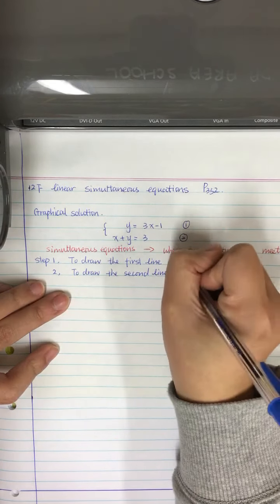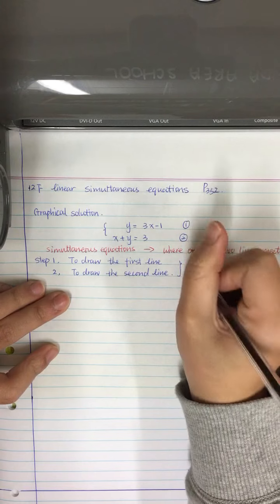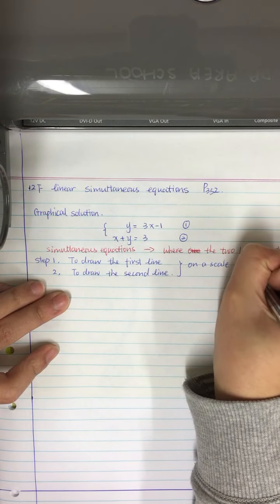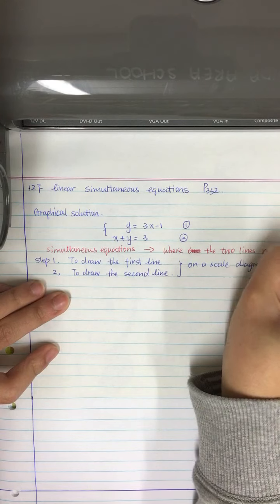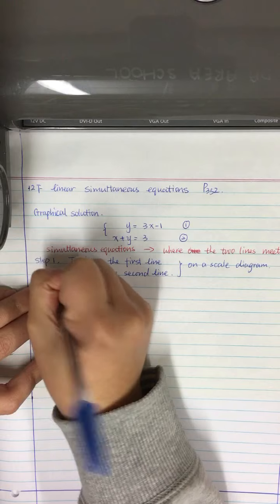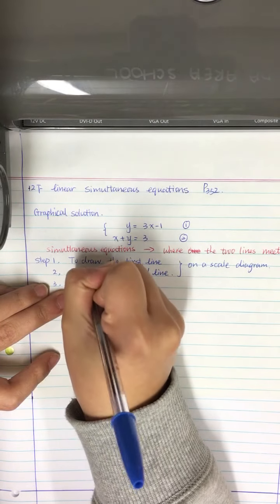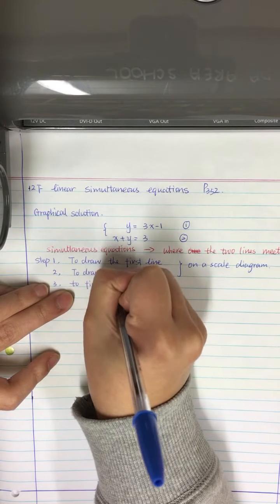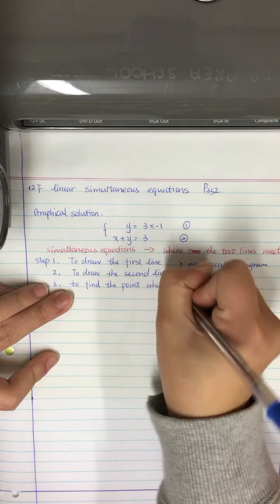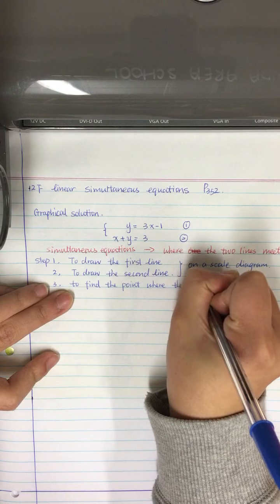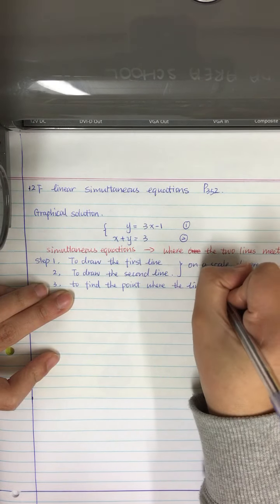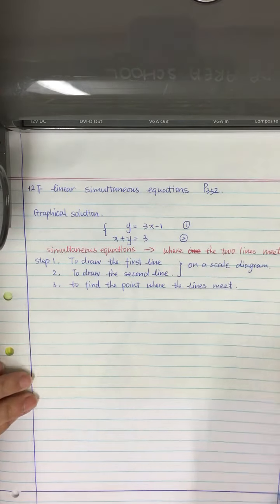And they both need to be on a scale diagram, or a Cartesian plane. Then step three is to find the point where the lines meet.